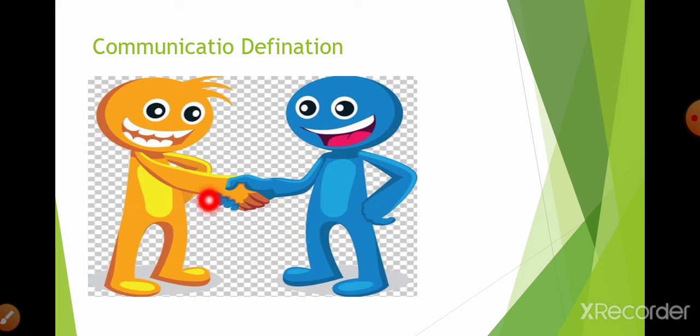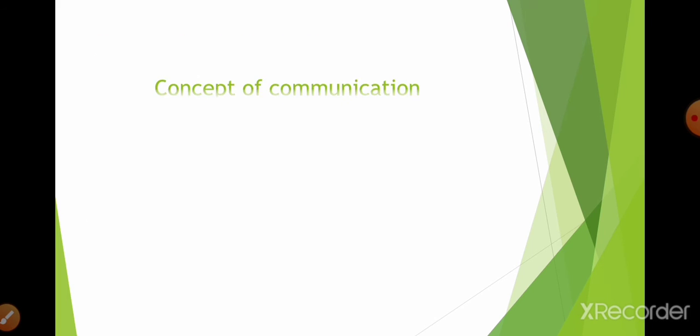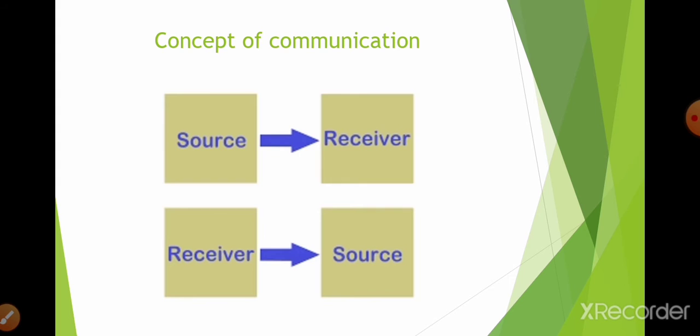This is the definition of communication system. Here this figure shows the concept of communication system. These two blocks are a transmitter and these two blocks are a receiver. Now see, a transmitter can act as a transmitter as well as a receiver, and here a receiver can act as a receiver plus transmitter.